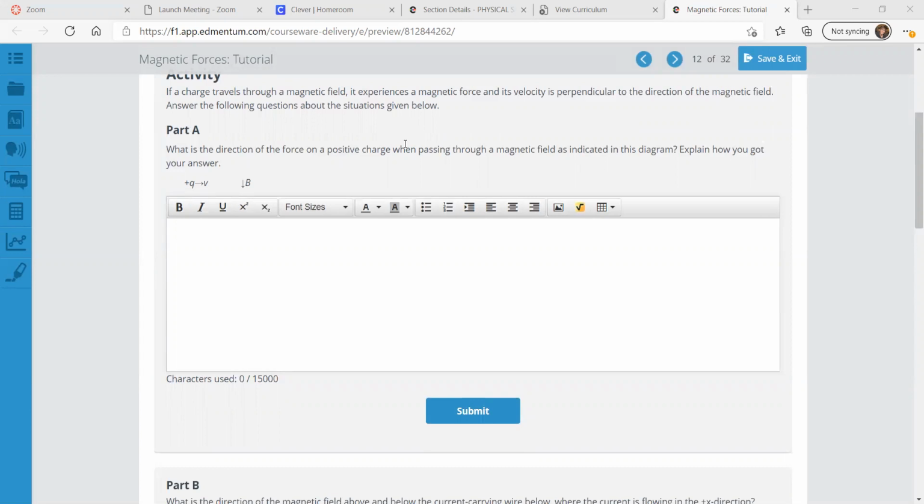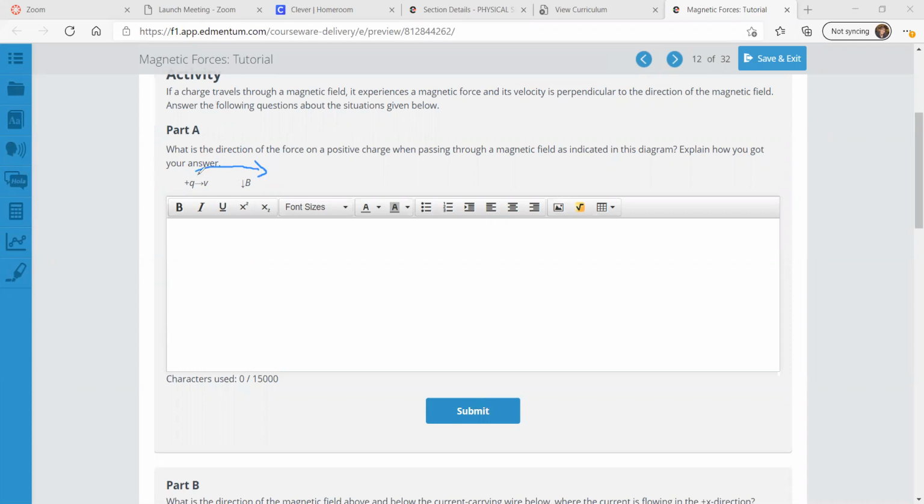You see how this Q, let me annotate. There we go. So point your thumb in this direction. You point your thumb in the direction of the current or the charge. So put your thumb that way.